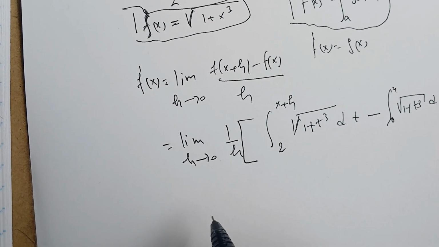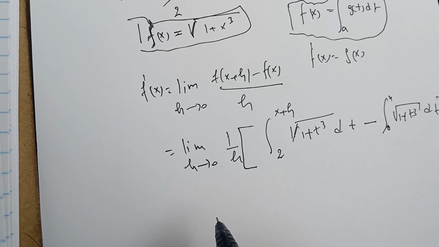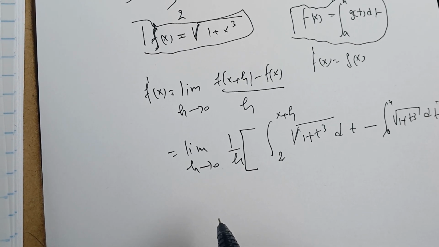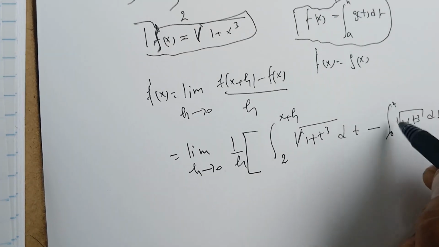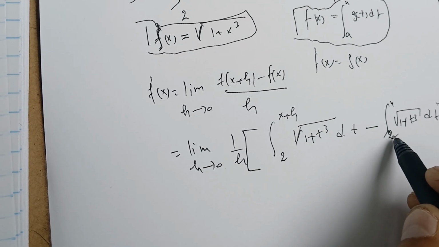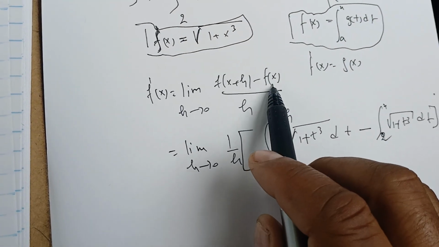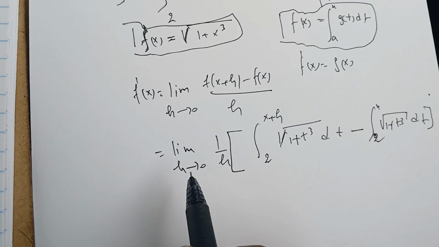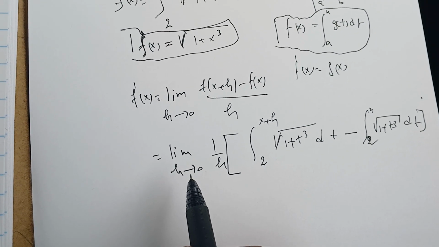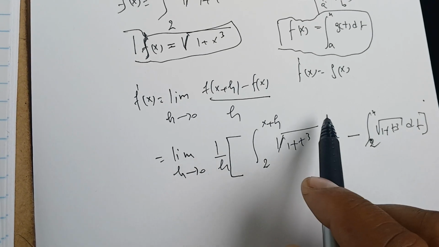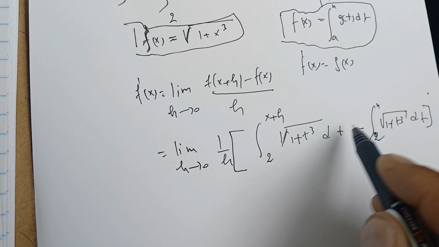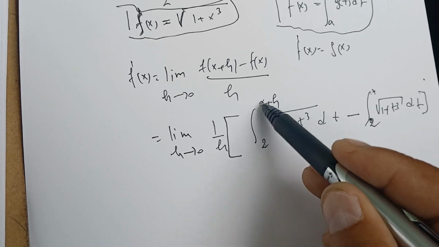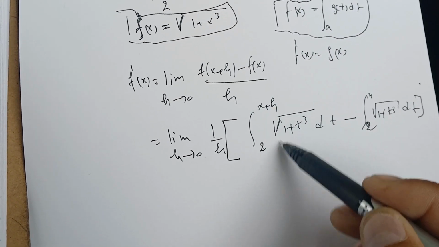Sorry, it's 2 here, because f of x is between 2 and x. And here, I can make one more change to get rid of this part. I can integrate between 2 and x, and after that, I go from x to x plus h.